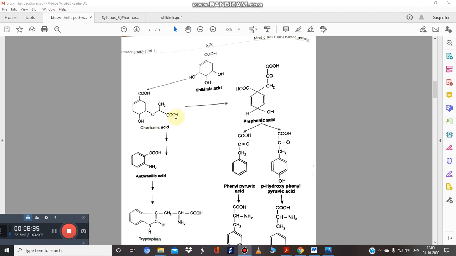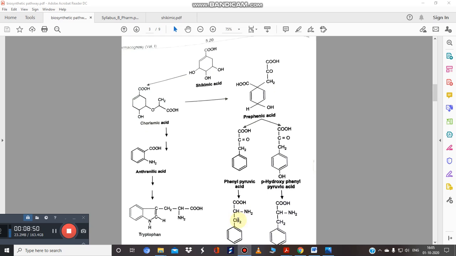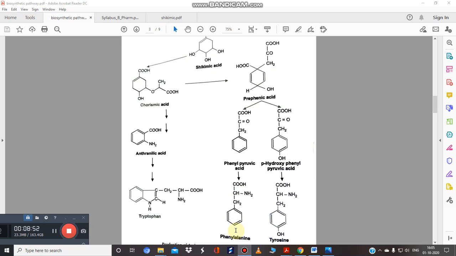And over here again this chorismic acid via simple rearrangement gives prephenic acid, and prephenic acid on dehydration and decarboxylation will yield phenylalanine, and upon dehydrogenation and decarboxylation it will yield tyrosine.